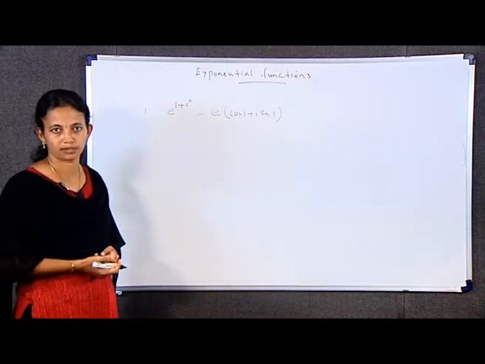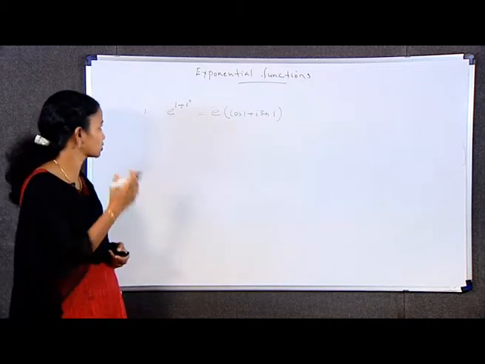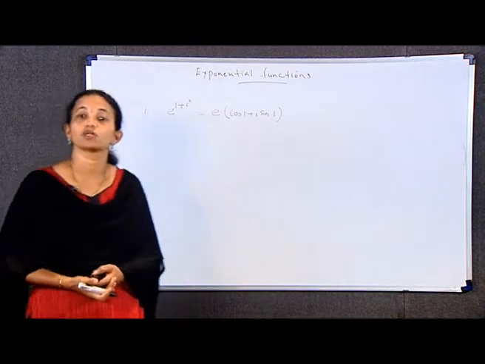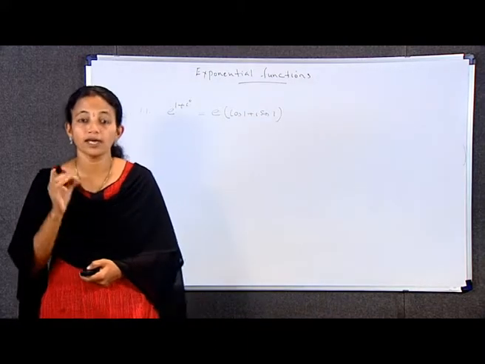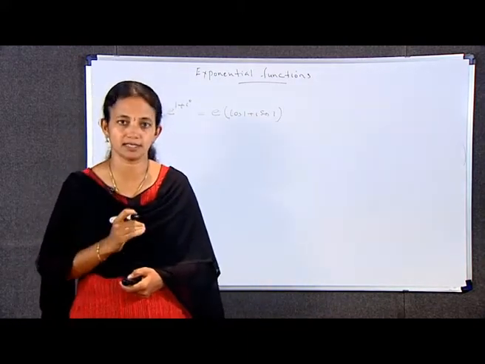That is, e raised to 1 plus i is equal to e into cos 1 plus i sin 1. Next we have to find the real part of e raised to minus 3z.